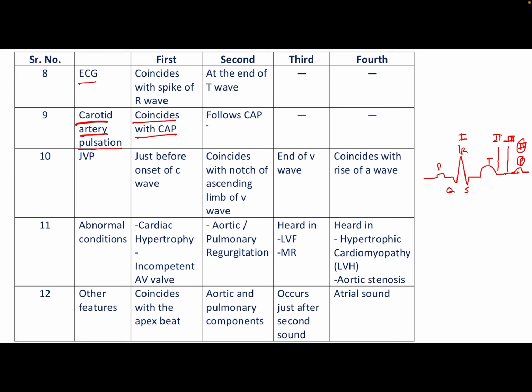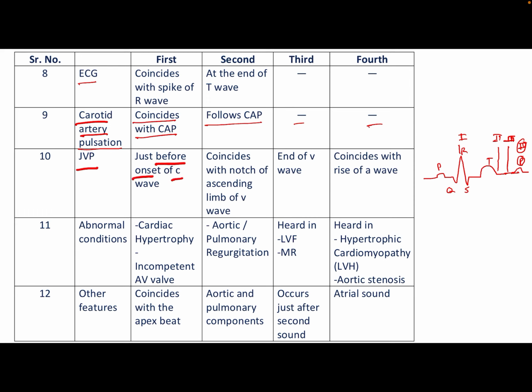Second heart sound, it follows carotid artery pulsation. After second heart sound, third heart sound is there, and before the carotid artery pulsation, just before it, fourth heart sound can be heard. Okay. Then JVP, jugular venous pulse. Okay. First heart sound, it is heard just before the onset of C wave.